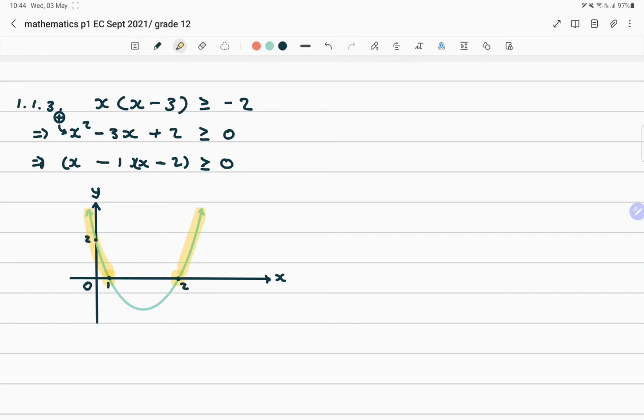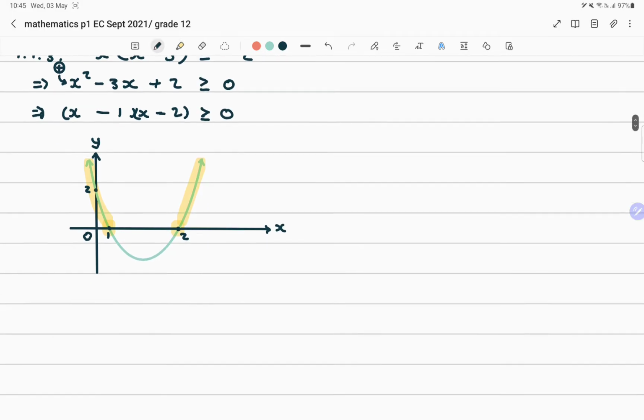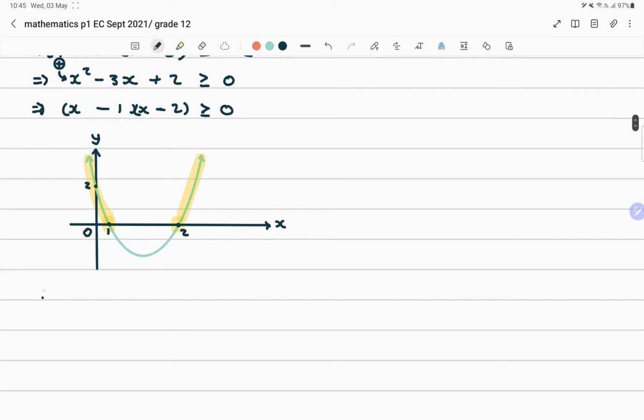As you can see, the graph is positive on either side of these two critical values, and it is 0 at exactly those critical values. So how do we answer this one? We can say, therefore, our x should be less than or equal to 1, or our x should be greater than or equal to 2.